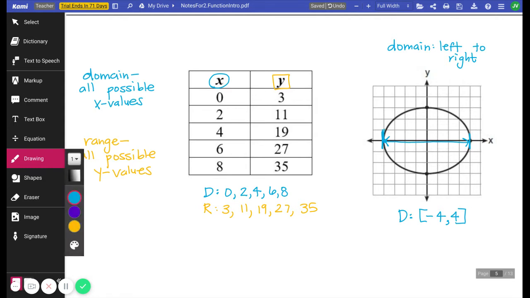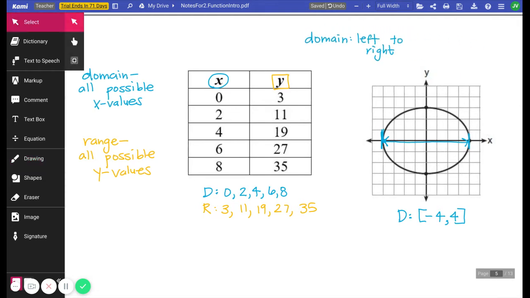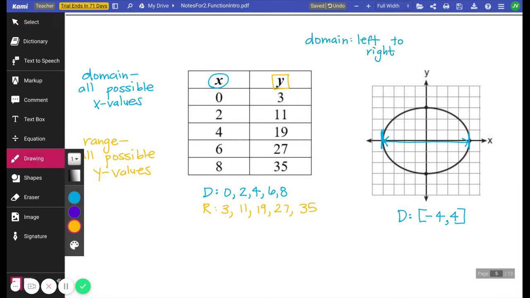When I think about range, I like to think low to high. In other words, how low does this graph go? Well, it goes down to -3.